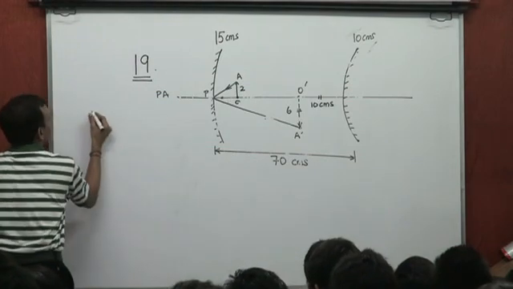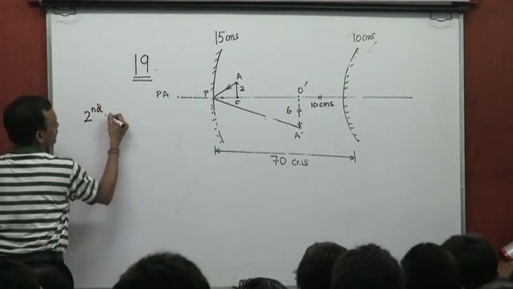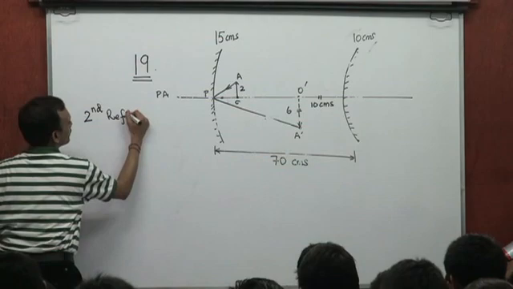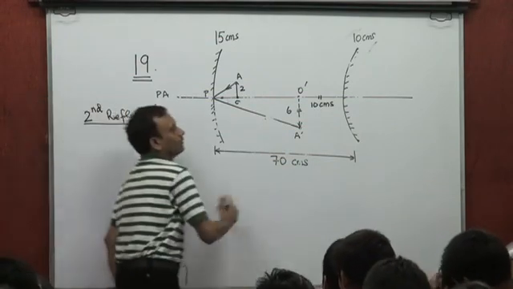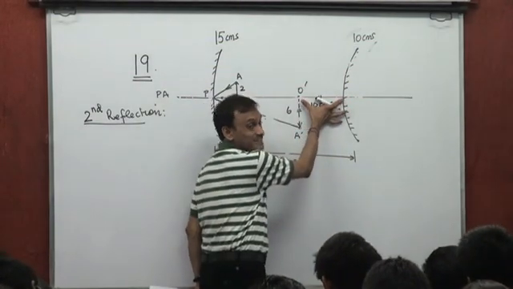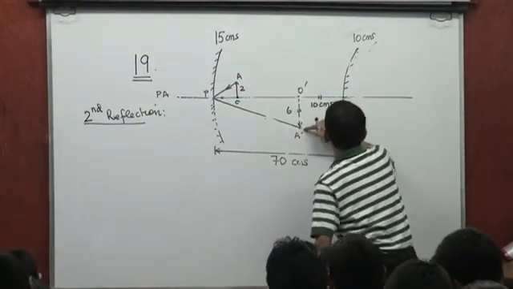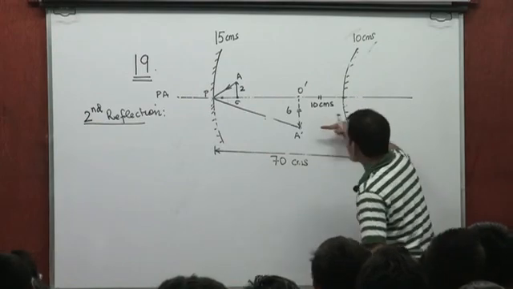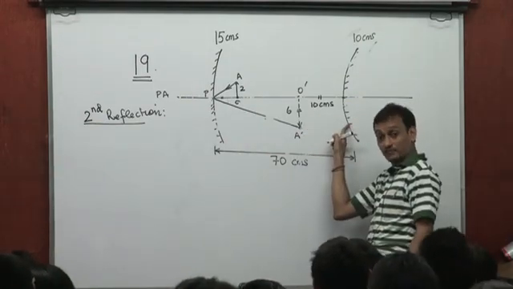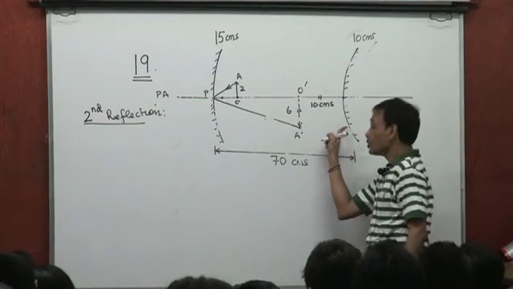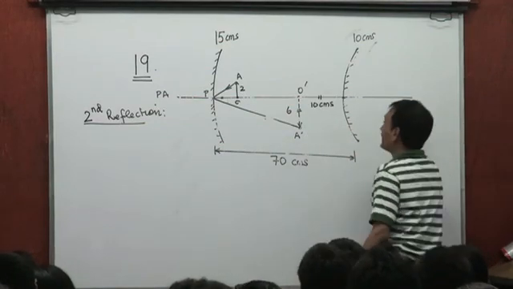So, second reflection. The object distance is, so now it's like rays of light incident like this. This becomes our new reference direction. So this would be the direction of the incident ray for the sake of the convex mirror. So anything measured in this direction would be negative.